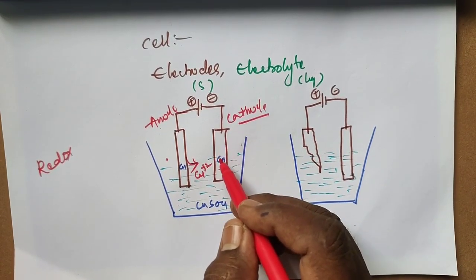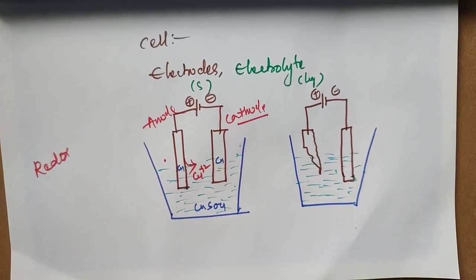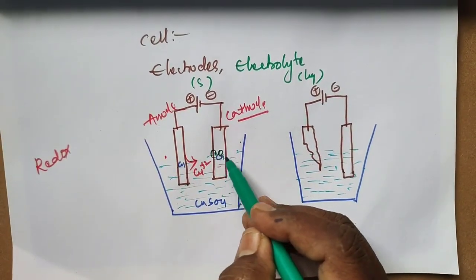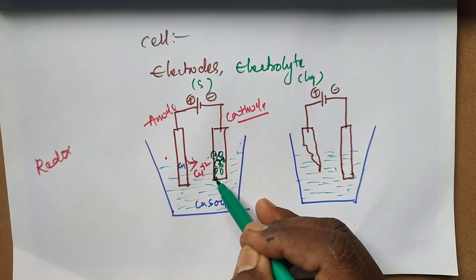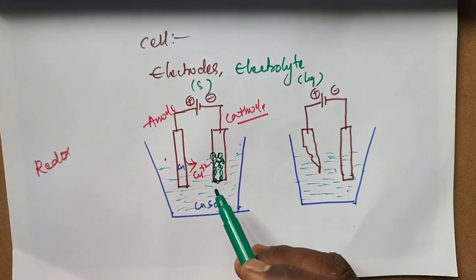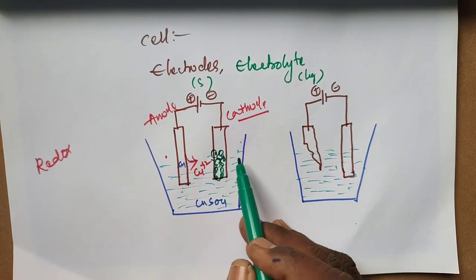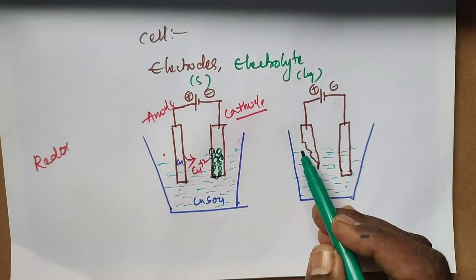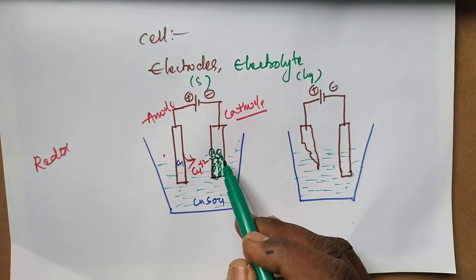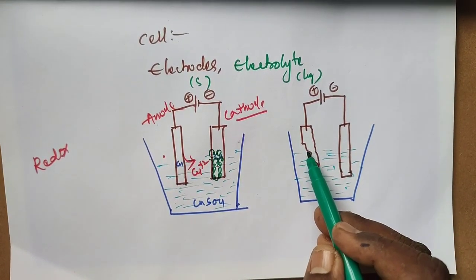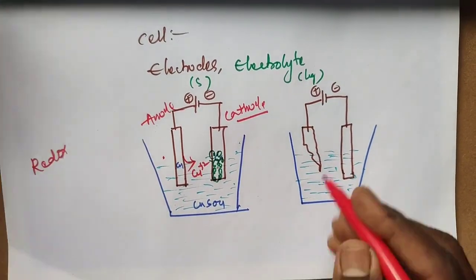So reduction takes place, and by the reduction copper ions occupy the surface area of this electrode. This is the reaction process. During this reaction, after some time you observe this anodic electrode appears like this.